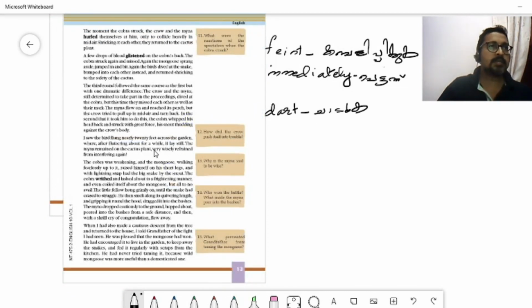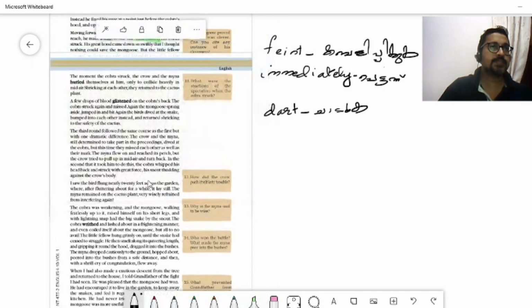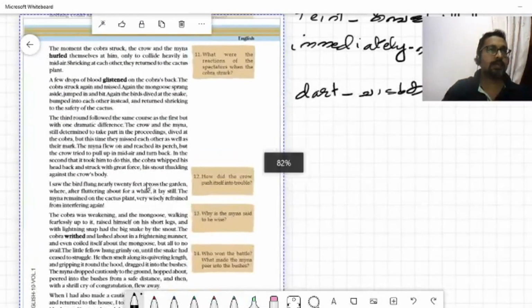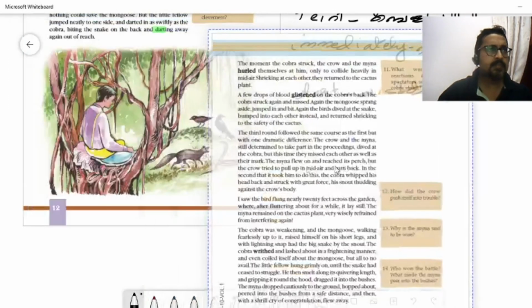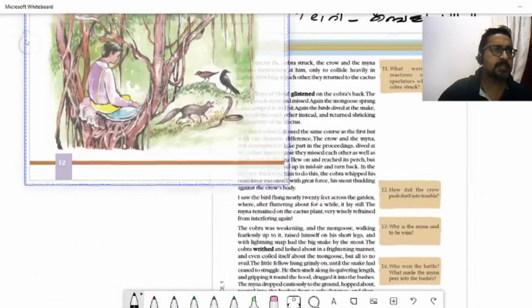The moment the cobra struck, the crow and the myna hurled themselves at him, only to collide heavily in the mid-air, shrieking at each other. They returned to the cactus plant. Is it the portion? Let me look. Yes.